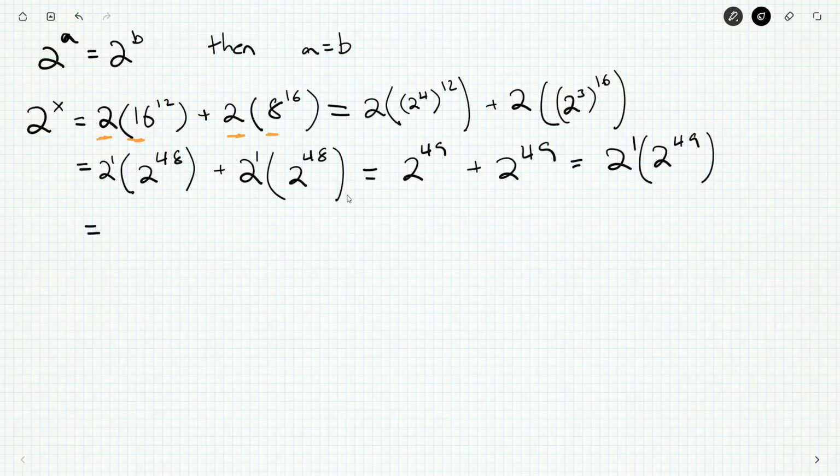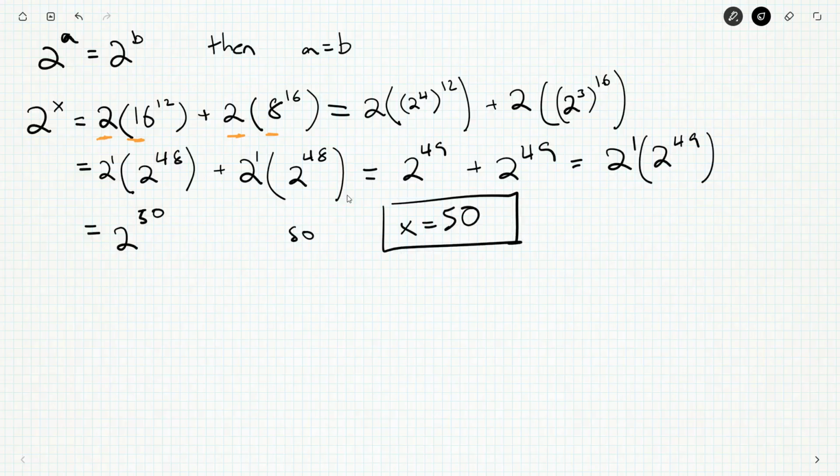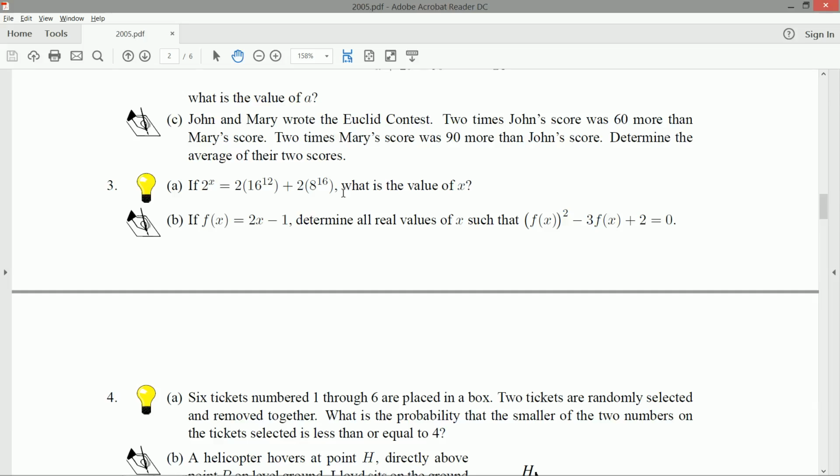And again, that 2 is just 2 to the 1, so we have 2 to the 50. So x is 50, because we argued it down to a point where we had 2 to the something. All right, so that was part A. We did just need 50, but we've shown our calculations just in case.